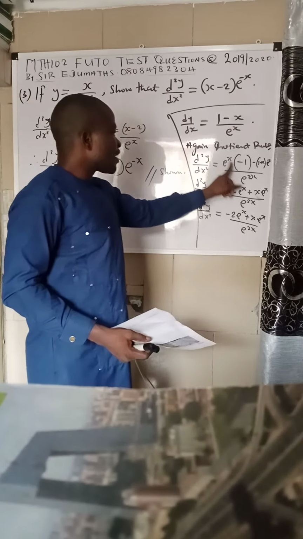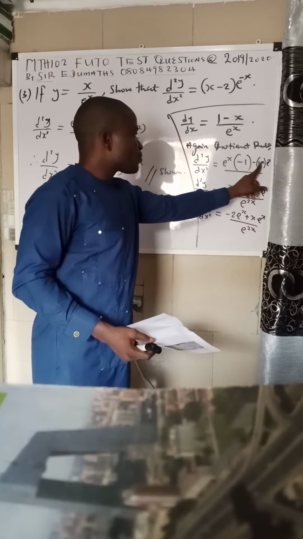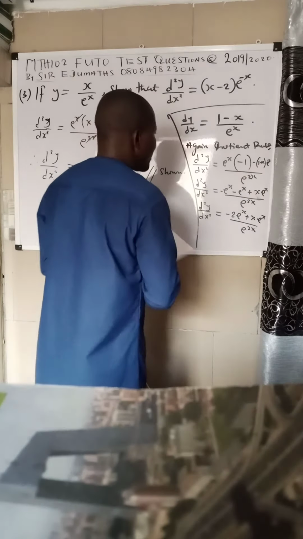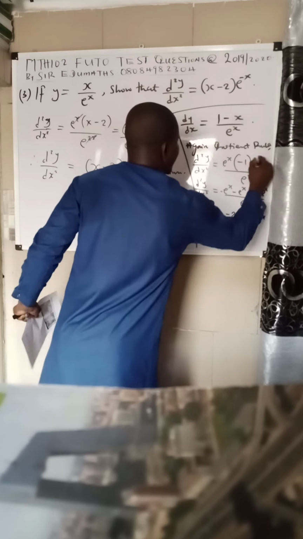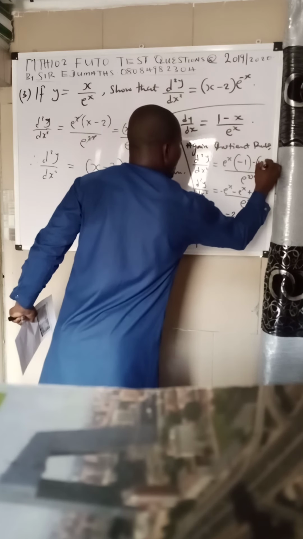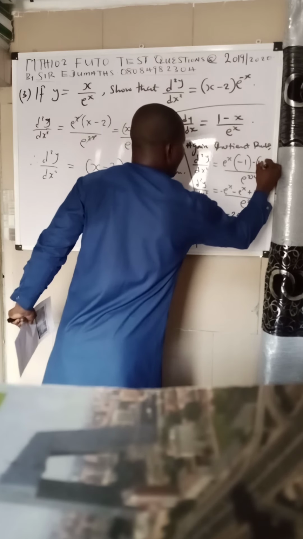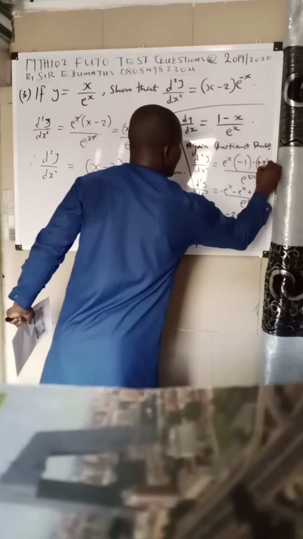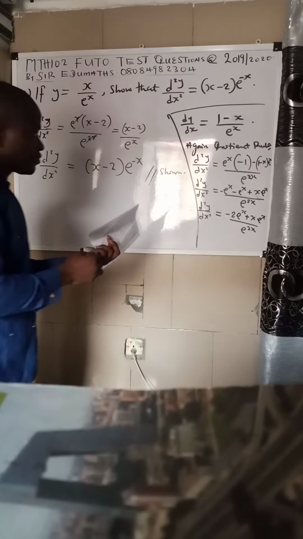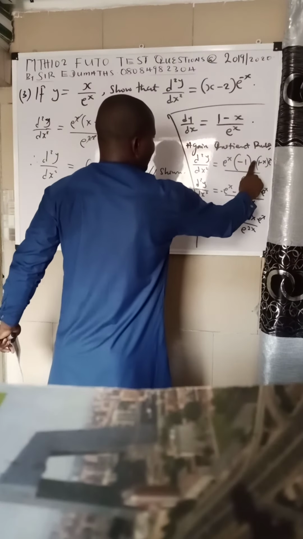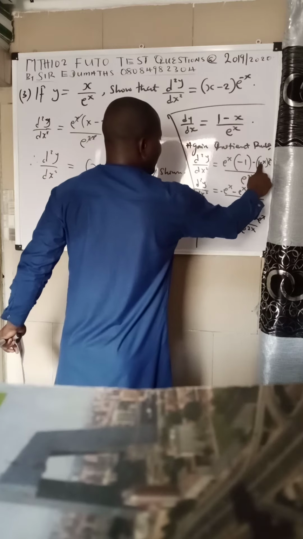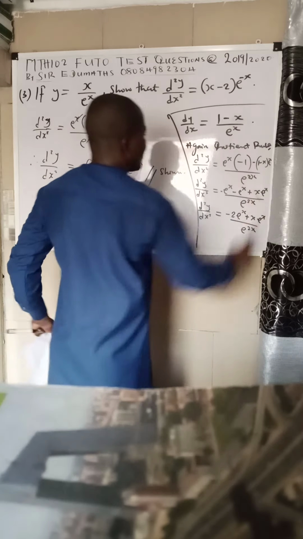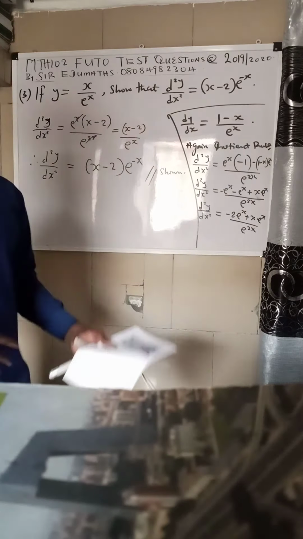So that you can see it clearly, this is in the bracket of 1 minus x, exponential x. That is what is there. Then if you open the bracket, minus times this will give you this, minus times minus is plus, times this will give you this. Then you factor out this stuff.